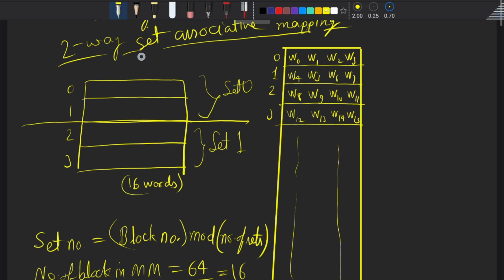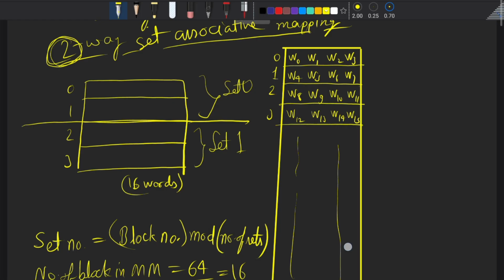No. It is called two-way set associative mapping because each set contains two cache lines. So this number comes from how many lines are there in each set. Here in each set we have two cache lines. Therefore it is called two-way set associative mapping.